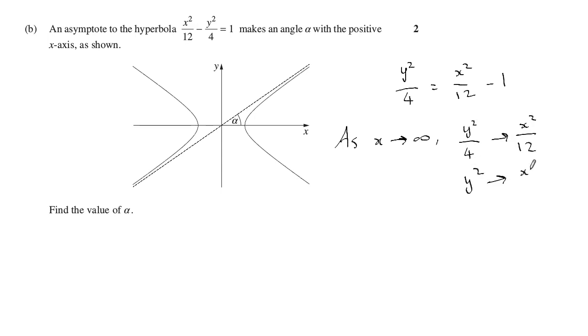Y squared tends to x squared on 3, and then we can just take the square root. And we're interested in the positive square root because we're looking at positive y values. So that'll be the equation of the asymptote, that y equals x on root 3. And then we can just do tan of alpha is 1 on root 3. And that would give alpha equals 30 degrees, or pi on 6 radians.